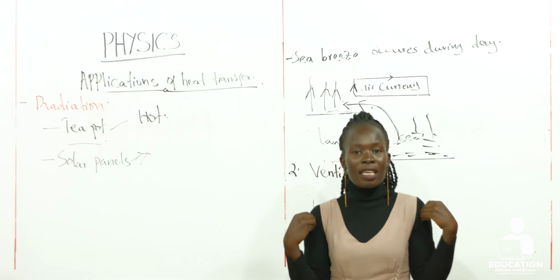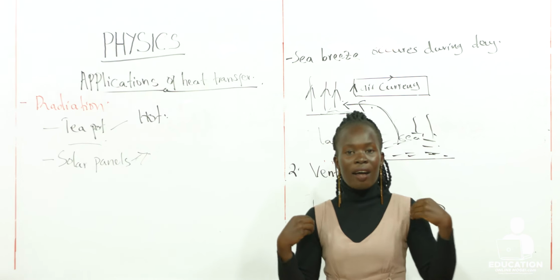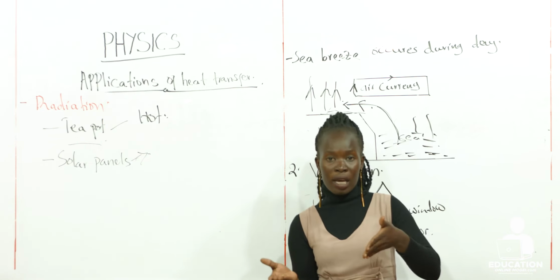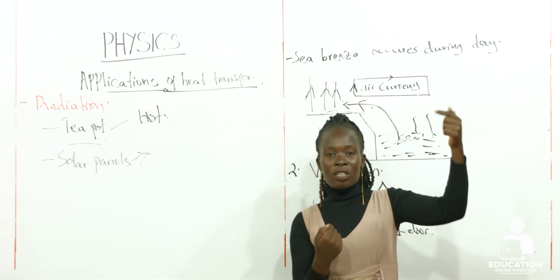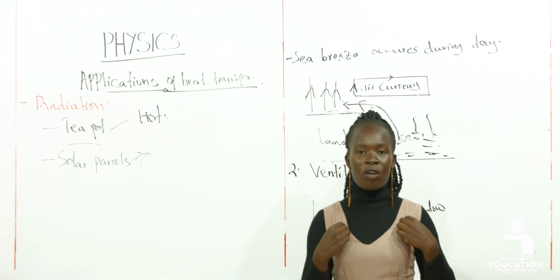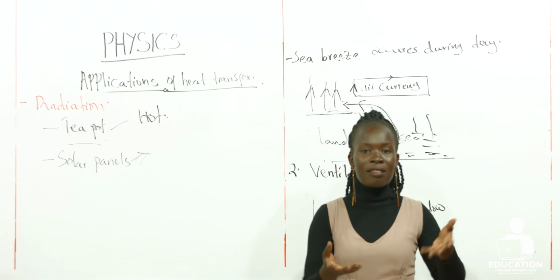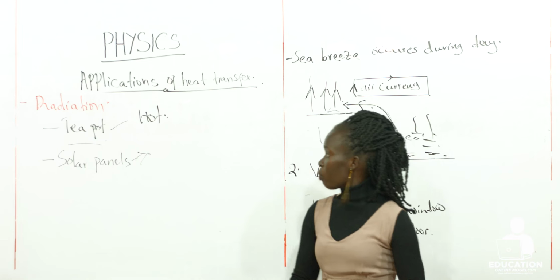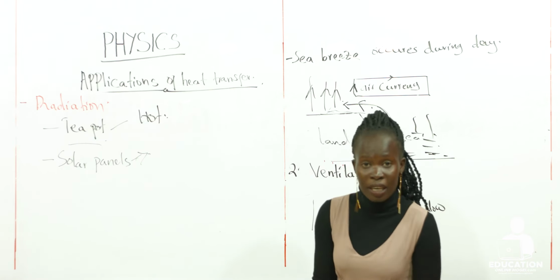But when you're in other colored clothes apart from black, maybe white, when the radiations from the sun come and fall on you, the cloth is going to emit that heat instead of absorbing it onto your body. So these are some of the applications.